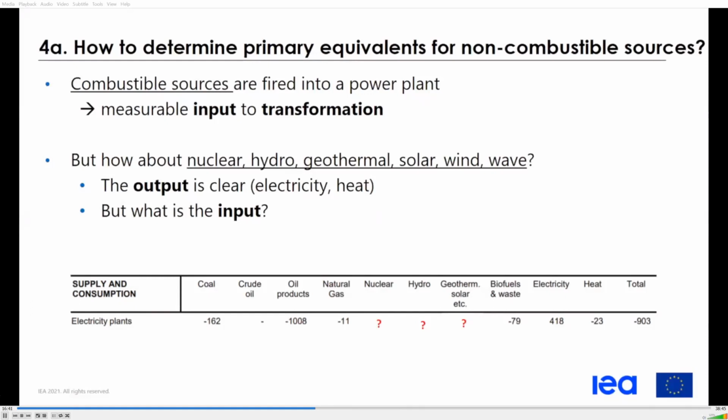A very important methodological choice is the definition of the primary energy equivalent for the electricity and heat produced from non-combustible sources such as nuclear, geothermal, solar, hydro, and wind. The information collected is generally the amount of heat and electricity produced, represented in the balance as an output of the transformation. Conventions are needed to compute the most appropriate corresponding primary energy input to the transformation, both in forms and in amount.